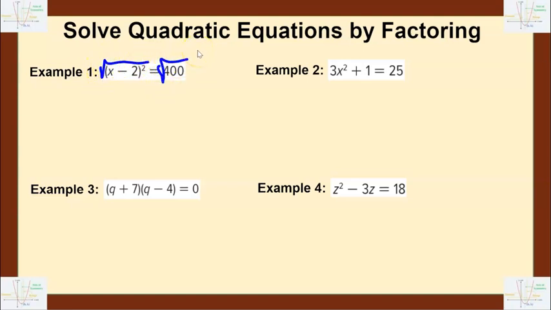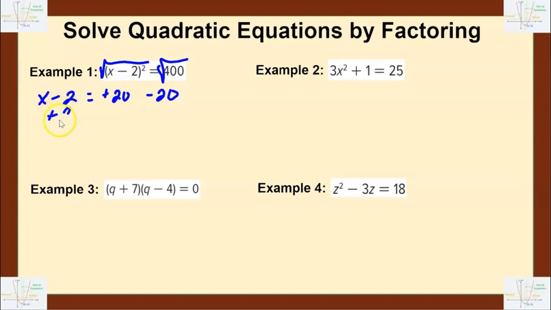Square root of x minus 2 squared, the radical and the square undo each other, and then I'm left with x minus 2 equaling, and the square root of 400 is a positive 20 and a negative 20. And then all I have to do is get x by itself.